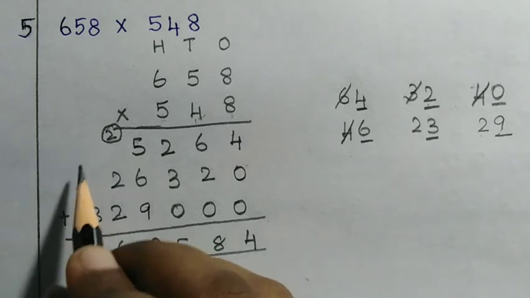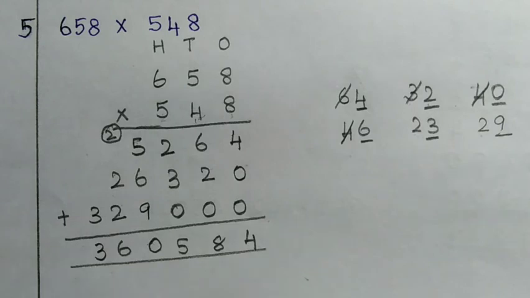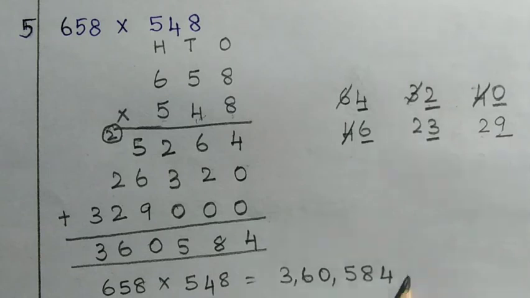Here you don't have any number, so 0 plus 0, 0 plus 3, 3. So the product of 658 and 548 is 3,60,584.